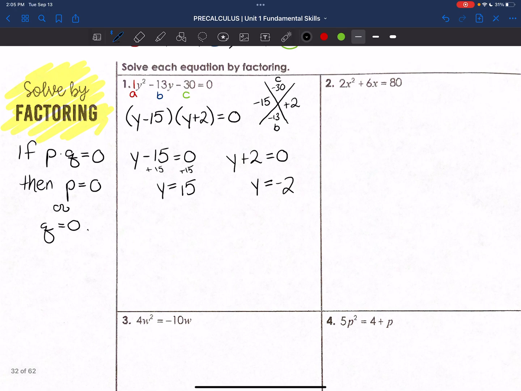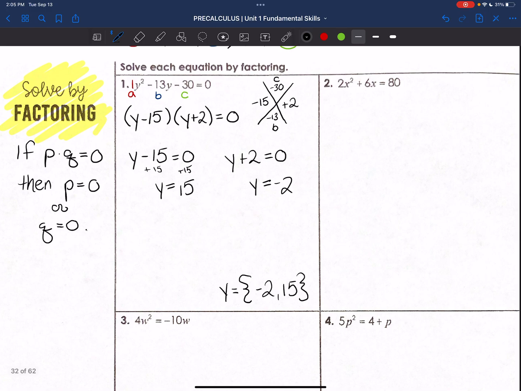The solutions to this equation, the values that make it true, that make it equal 0, are negative 2 and 15. Those are the values in our solution set. So there you have it, ladies and gents. That is our first example.